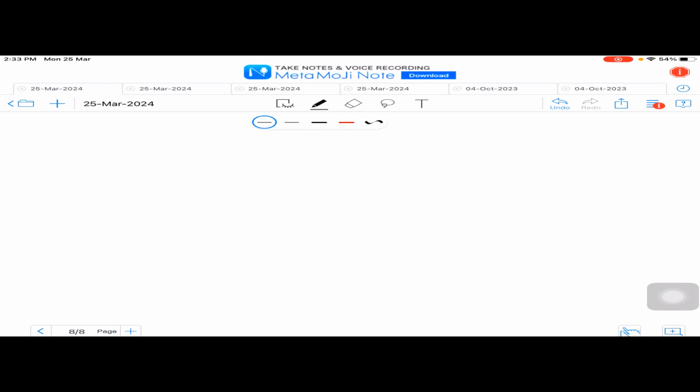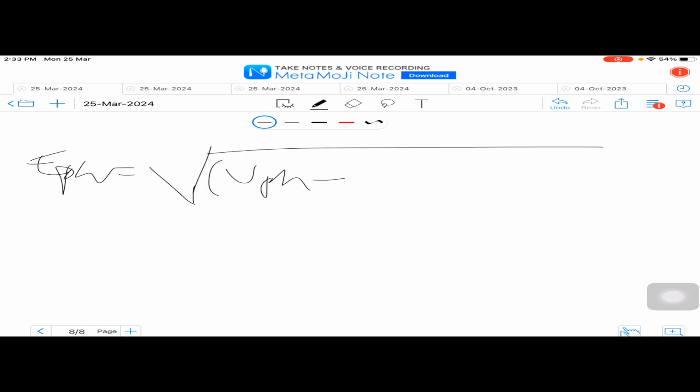So for UPF, that is unity power factor load, EPH is the square root of (VPH plus IA RA) whole square plus (IA XS) whole square.